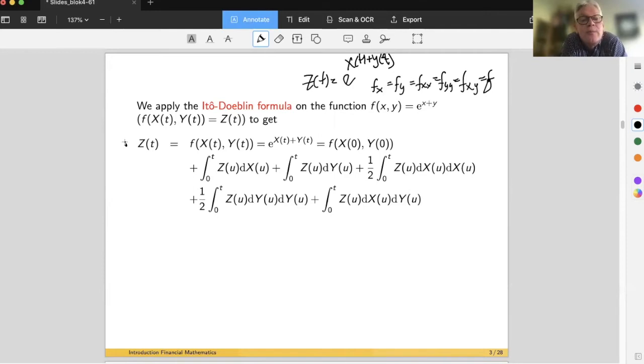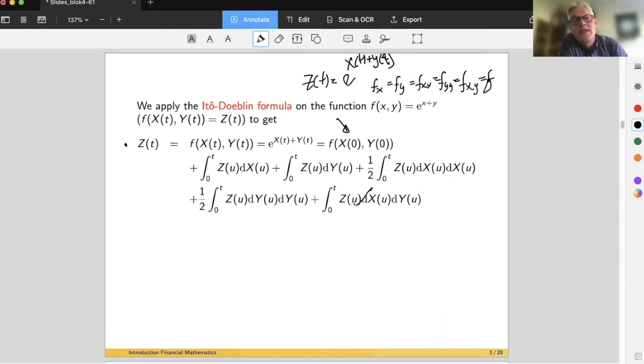And now using Ito-Doeblin, that tells us this is equal to f at x0, y0 plus the integral from 0 to t of fx dX plus the integral from 0 to t of fy dY plus 1/2 the integral from 0 to t of fxx dX dX plus 1/2 the integral from 0 to t of fyy dY dY plus the integral from 0 to t of fxy dX dY.